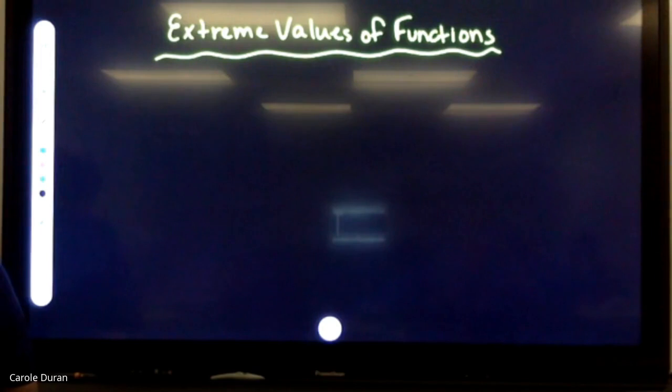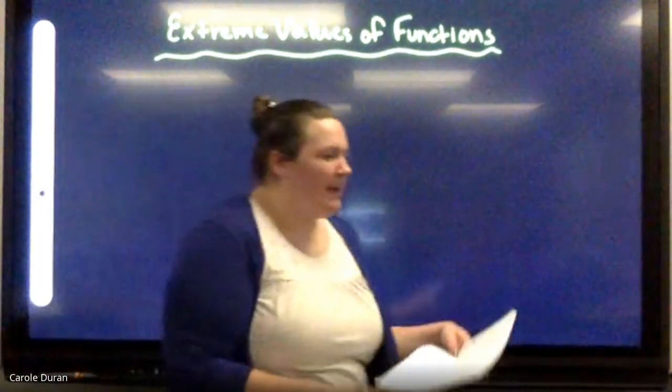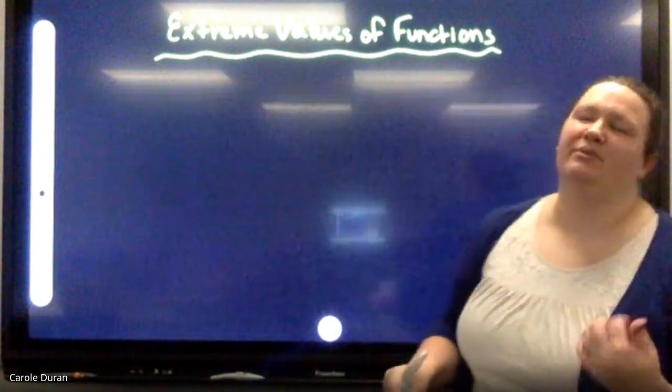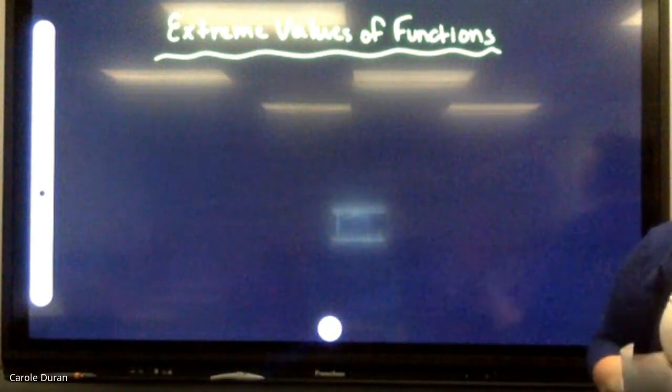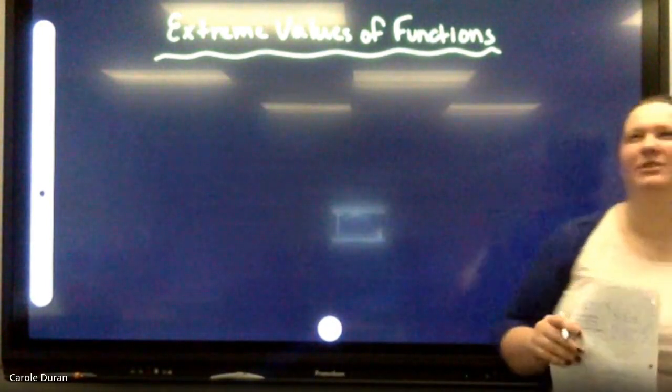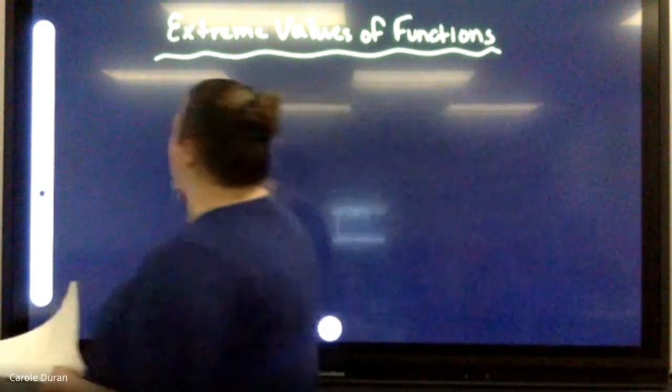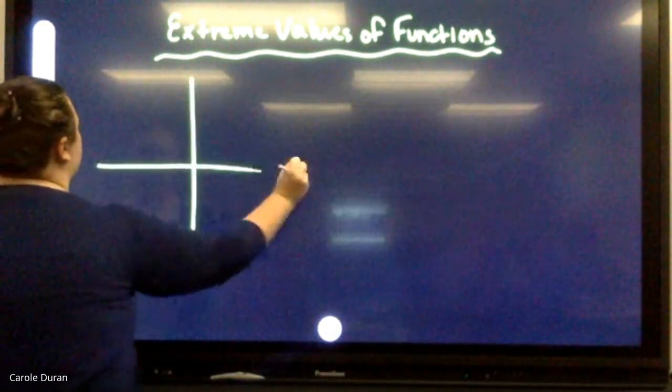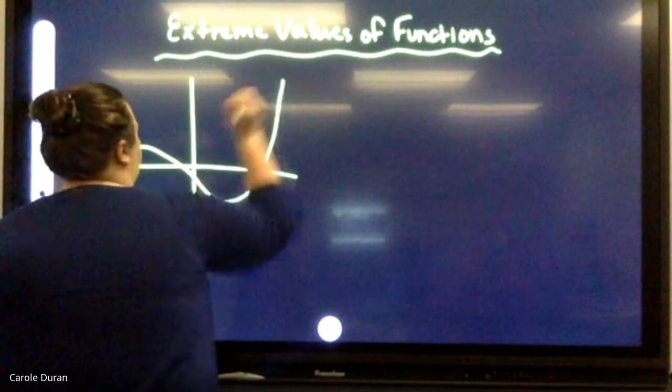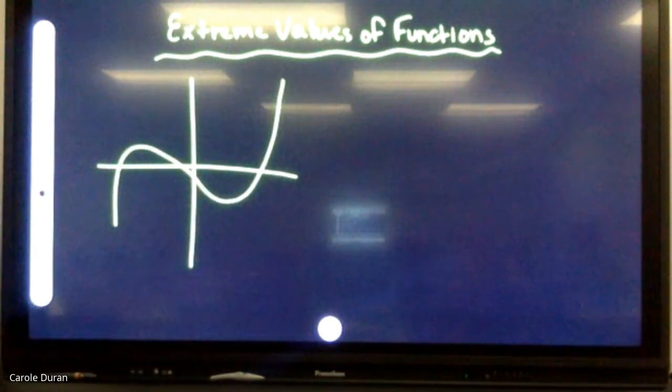We ready? No. So the first thing we're going to do before we actually find them is talk about what relative and absolute extrema are. Hopefully you already know. So if I have a graph such as this, our relative extrema are all the hills and the valleys.